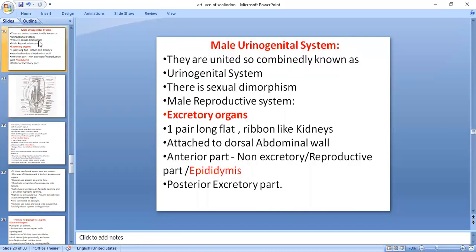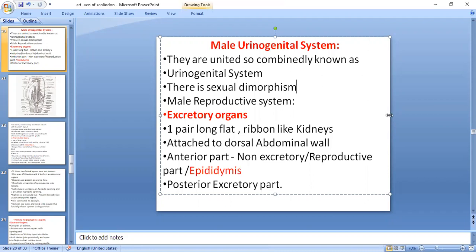Okay, so now we are going to discuss the male urinogenital system. In freshwater fishes, there are no copulatory organs in the males, whereas in elasmobranchi fishes or cartilaginous fishes or in Scoliodon, there is a clear sexual dimorphism. That means we can identify the male and female by their external features.